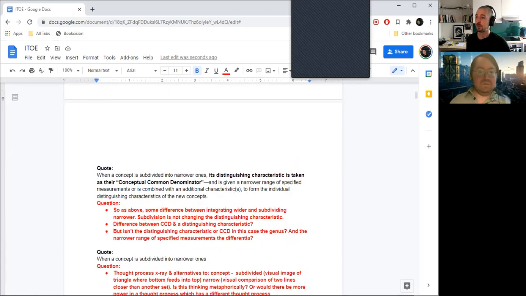Okay, so when it's subdivided, the distinguishing characteristic is a CCD. The common characteristic is a CCD with the existents from which they're being differentiated, and is given a narrow range. Okay, let's see what I asked.